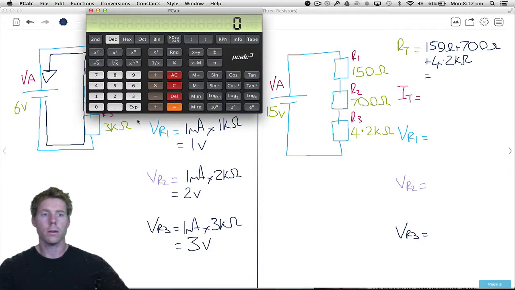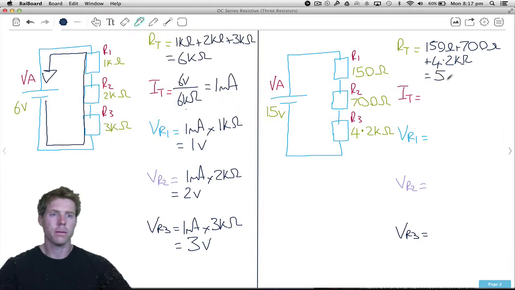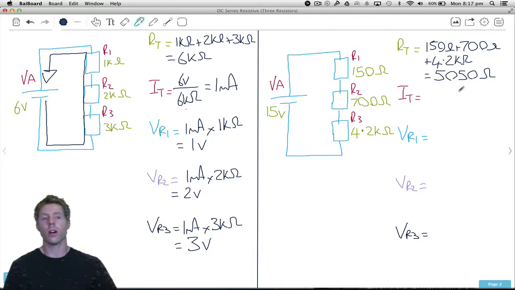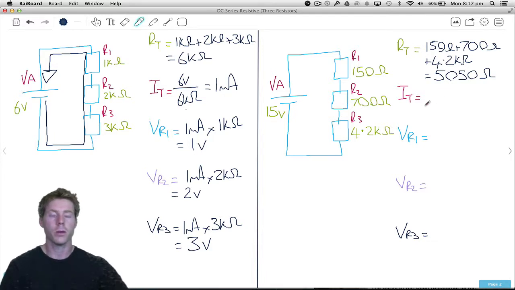So let's write this in, 150 ohms plus 700 ohms plus 4.2K, and we're getting 5050, or 5.05K if you like, both the same thing.